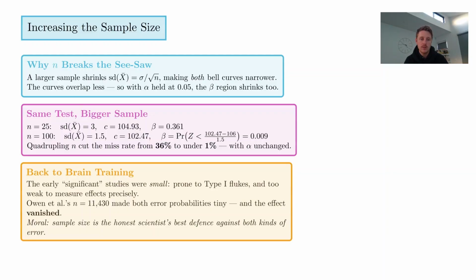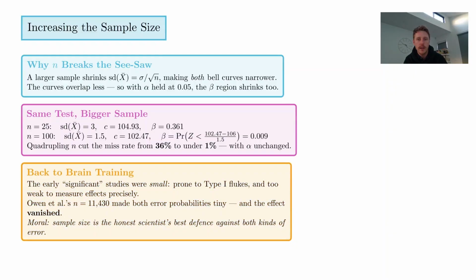So with the brain training, the studies were small, so they were prone to type 1 error flukes. And too weak, we say weak, they didn't have the statistical power to measure effects precisely. And so when Owen comes along and uses 11,430, the effects vanished. The moral of the story, sample size is the honest scientist's best defense against both kinds of errors.